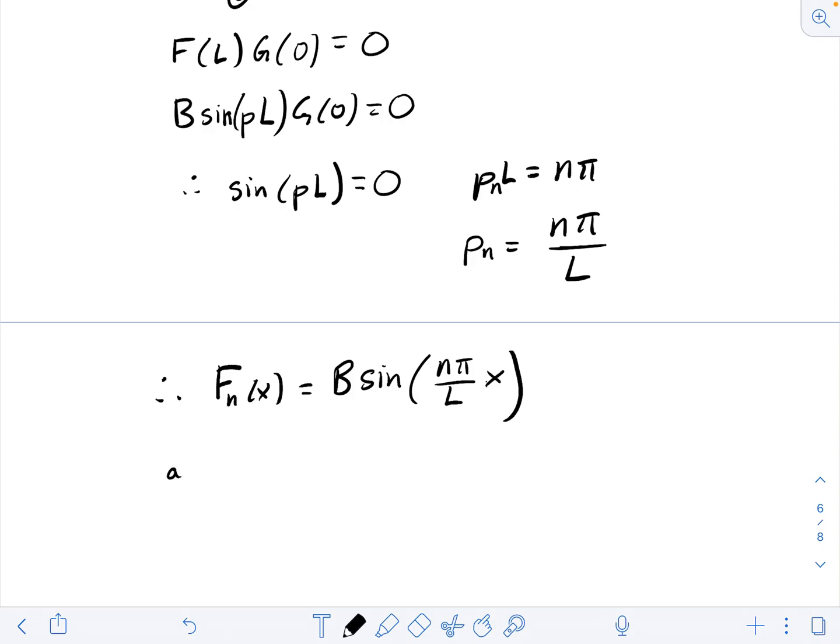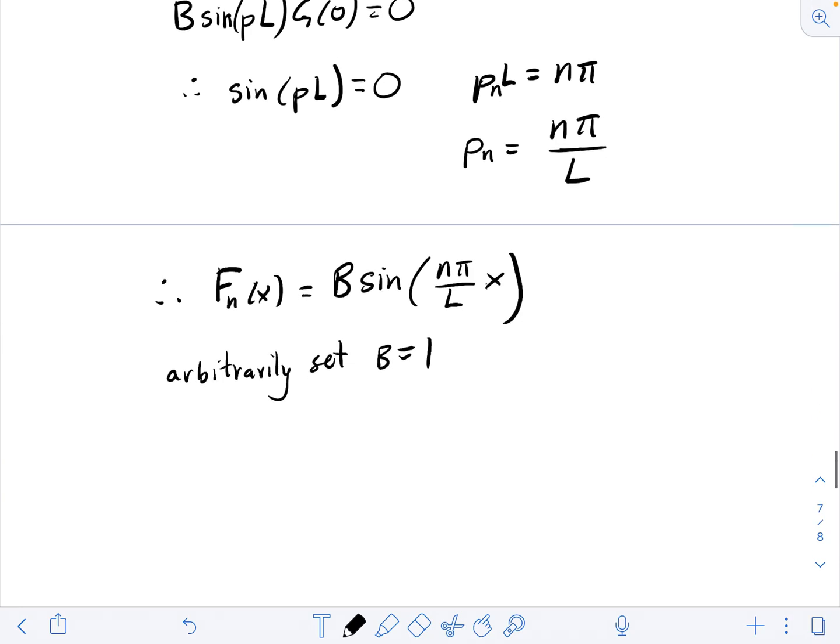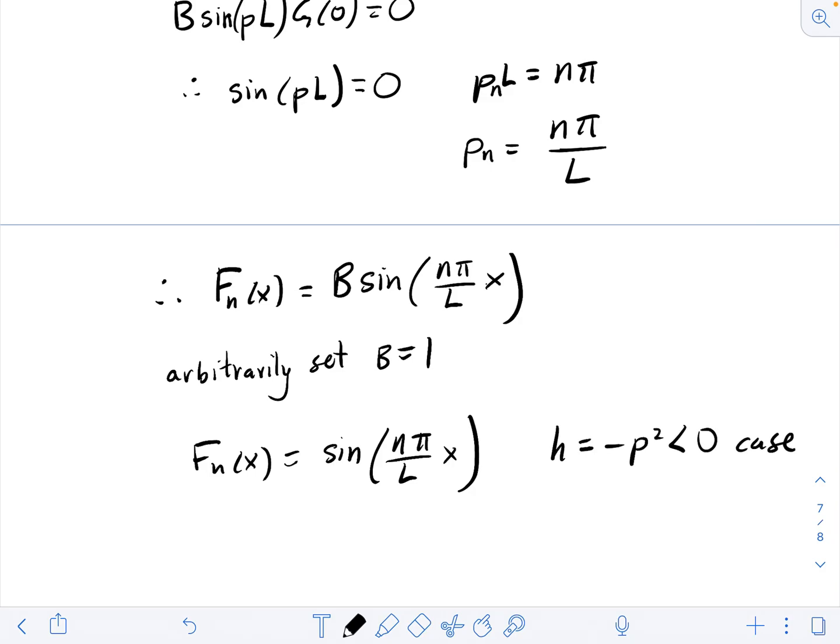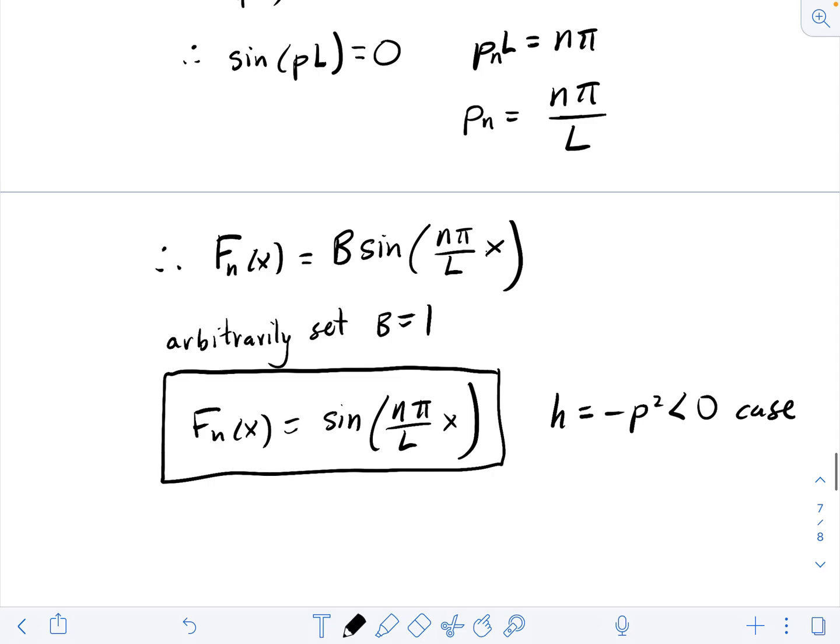Okay, so let's arbitrarily set b equal to 1, so that what we end up with is fn of x is equal to sine of n pi over L times x. And so this is the h is negative case. Okay, so finally then we've done all three cases for the f differential equation.